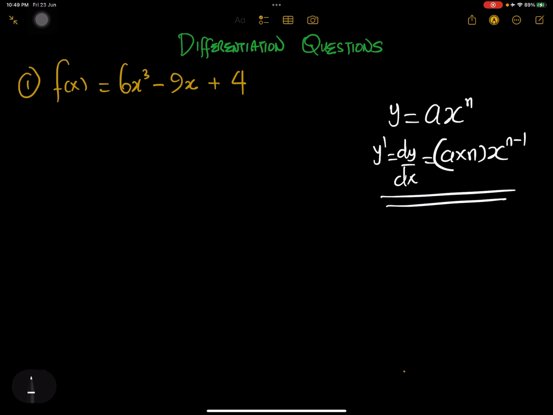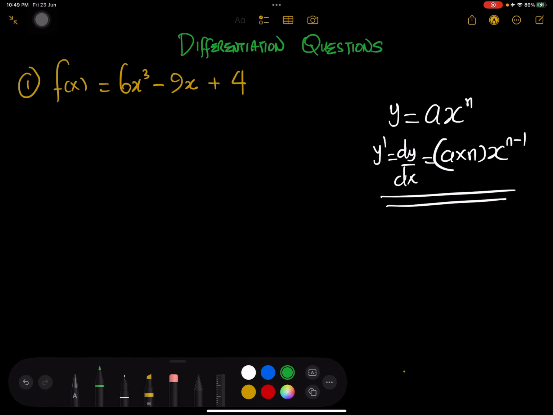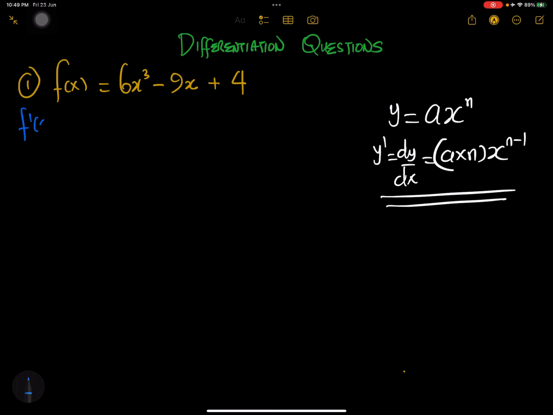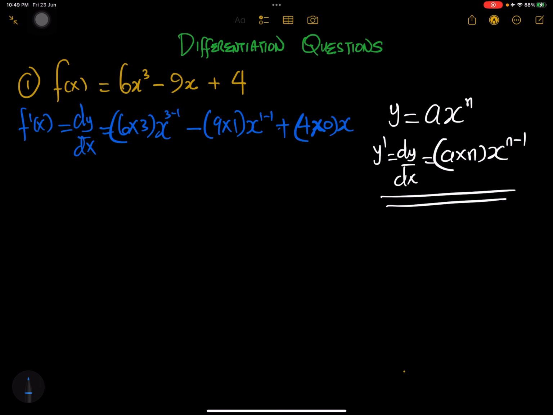So here, we're going to have f prime of x, which is the same as dy dx. It's going to be the 6 multiplied by the 3, and then x to the power 3 minus 1, minus 9 times 1 multiplied by x to the power 1 minus 1, plus we're also going to get 4 multiplied by 0, 4 times 0 multiplied by x to the power 0 minus 1.